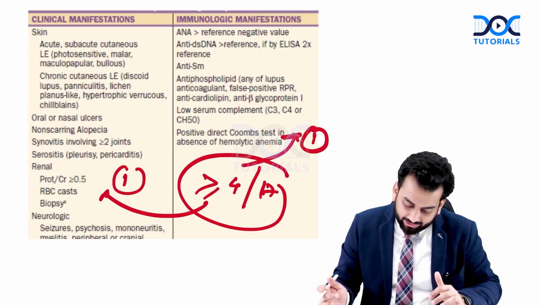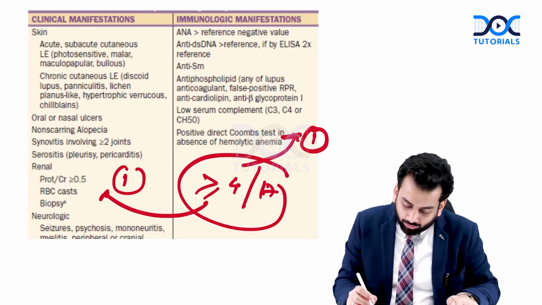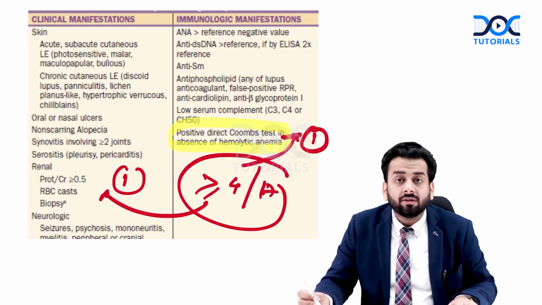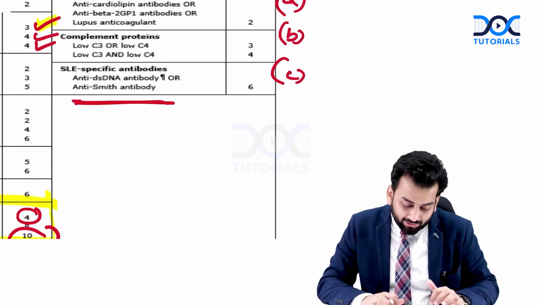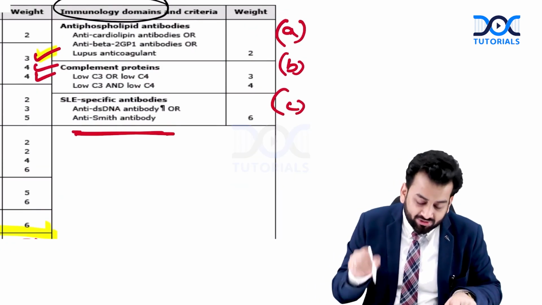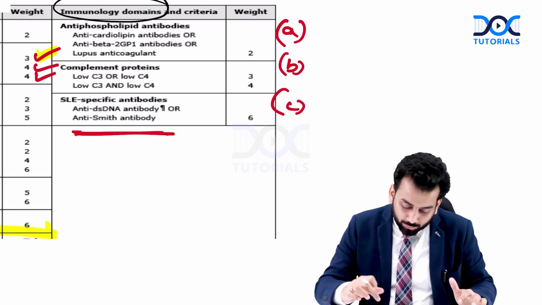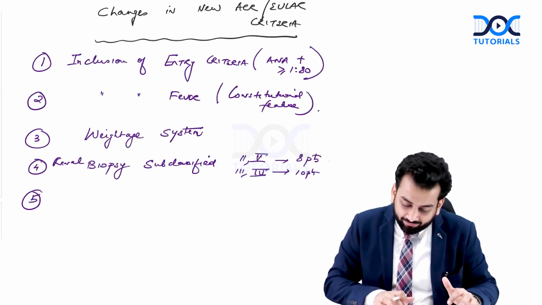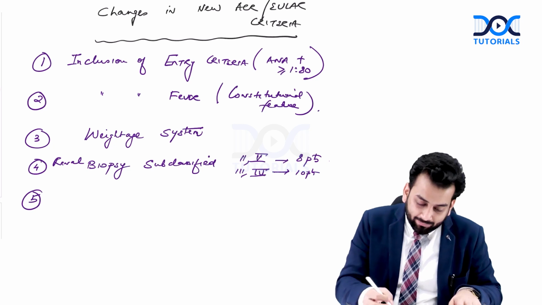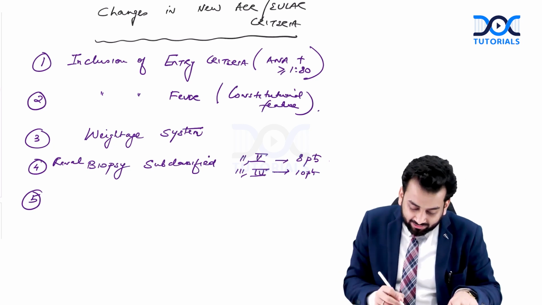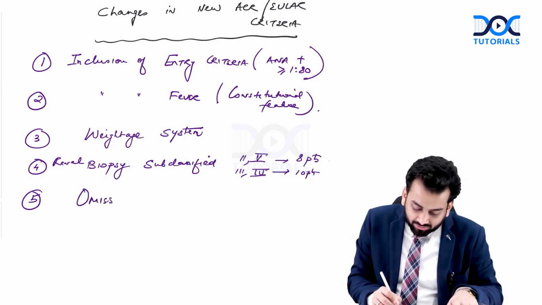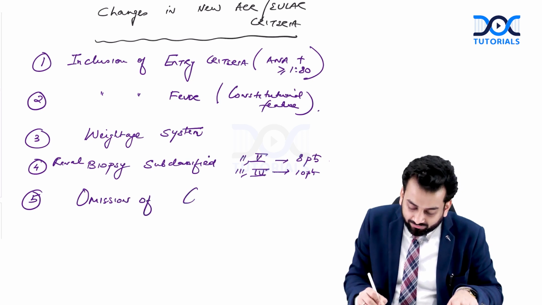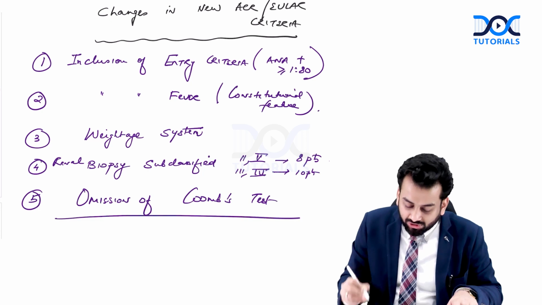among the immunological criteria, there was the mention of a Coombs test, which has been omitted in the new criteria. Can you see any Coombs test being mentioned here? No. So, the very important 5th change that has been implemented in the recent criteria is omission of Coombs test from the immunologic criteria.